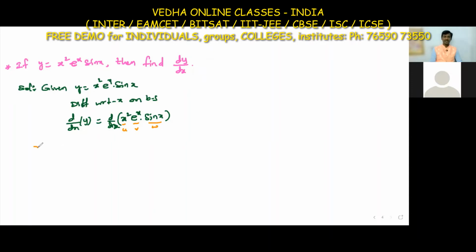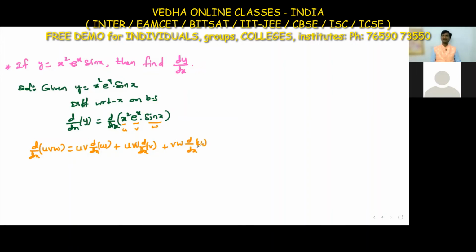So we have the formula: d by dx of u v w is equal to u v into d by dx of w, plus u w outside, differentiating the v, d by dx of v, plus v w outside and differentiating the u.